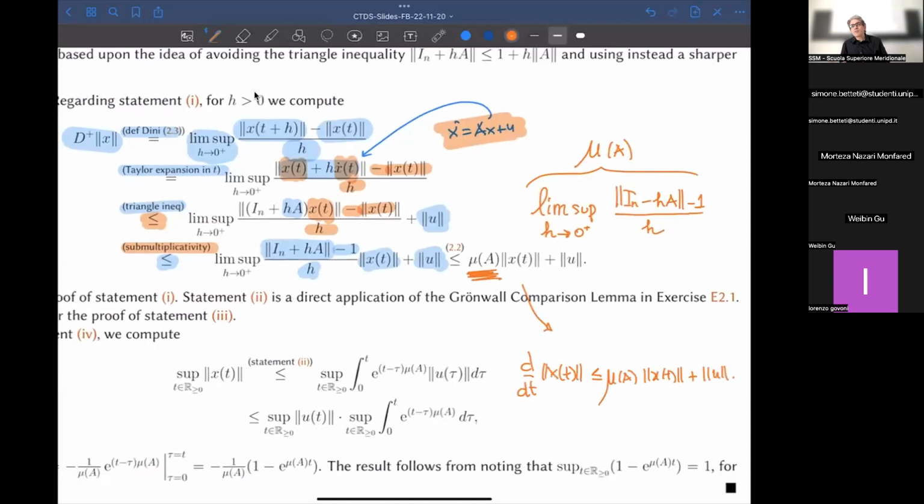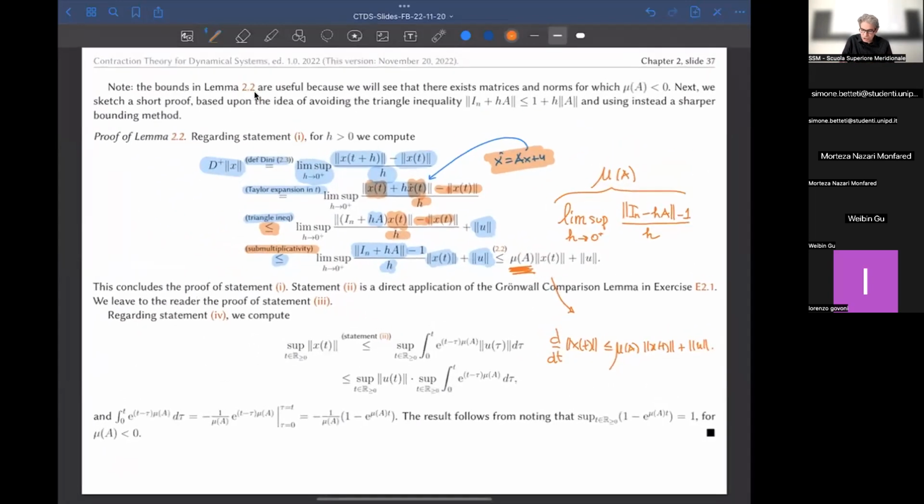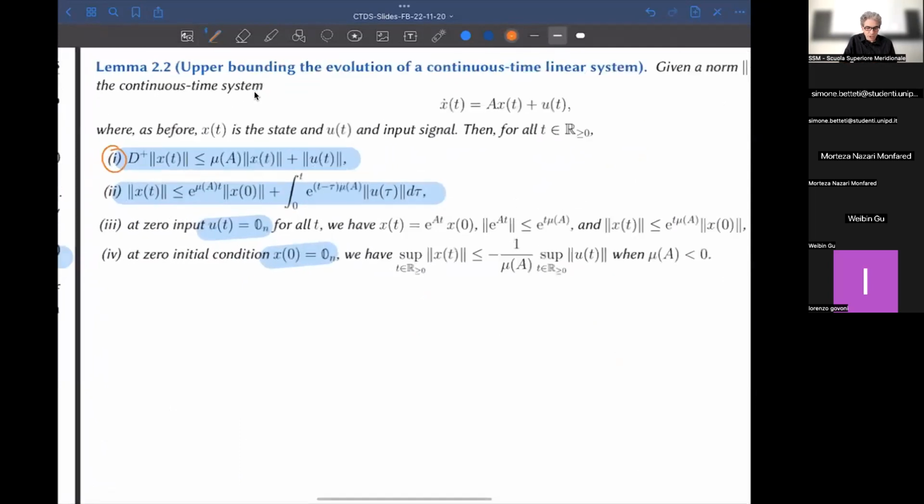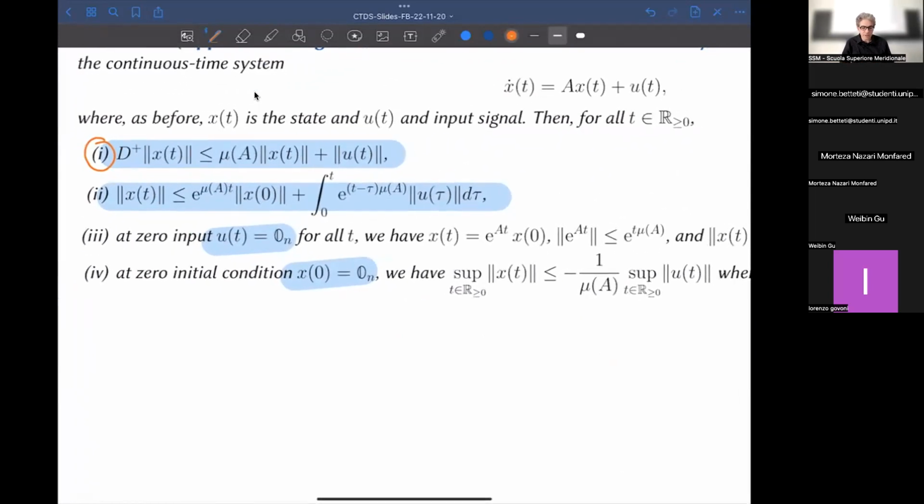Now that's a very simple differential inequality, and again I can apply the Gronwall-Bellman comparison lemma. Well, first of all, this is already a result on its own. So if I go back to my lemma, this is already the first statement. I've obtained the differential inequality, which was the key result.